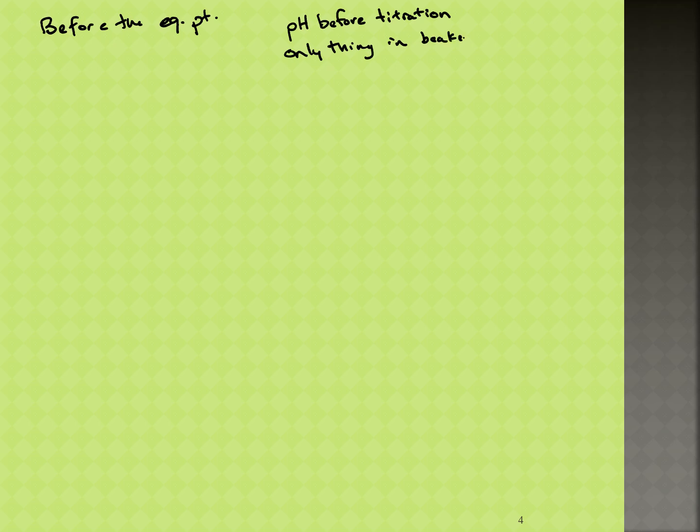Let's take a look at what is happening before the equivalence point. If we want the pH before titrating, the only thing in our beaker is a weak acid.